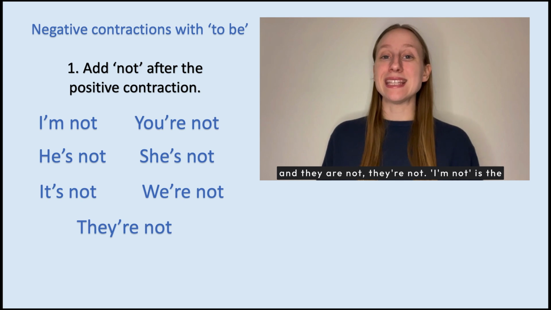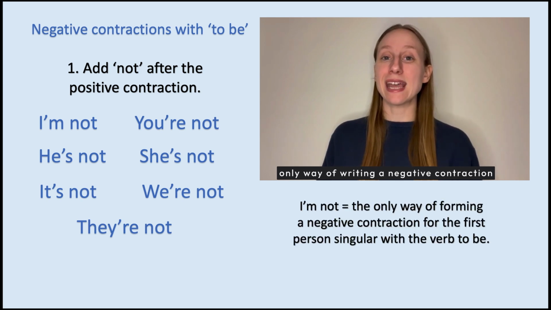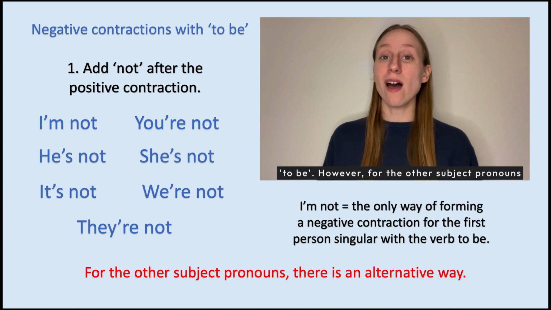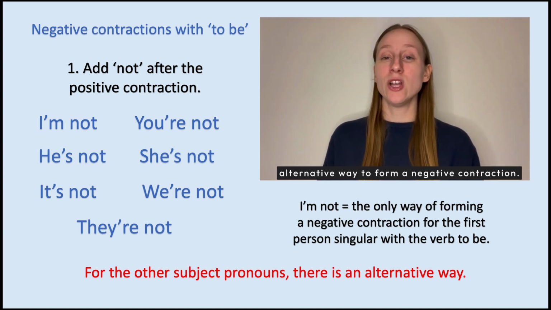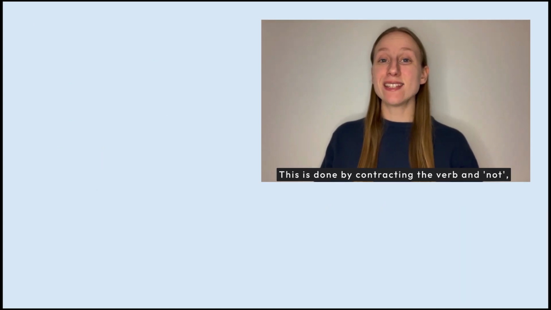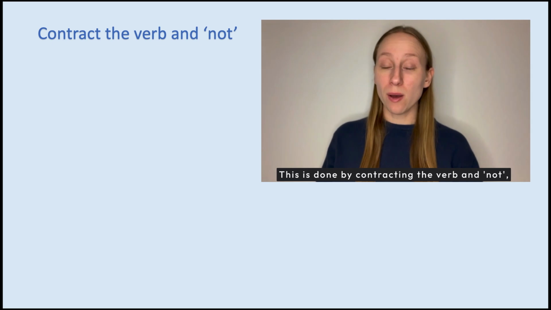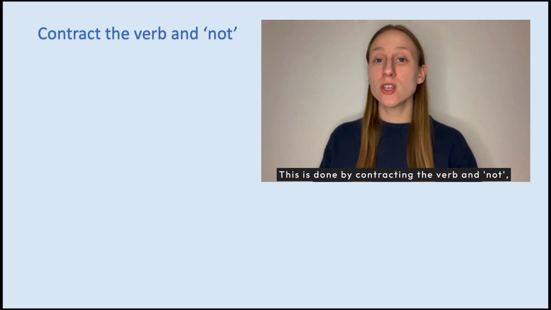I'm not is the only way of writing a negative contraction for the first person singular with the verb to be. However, for the other subject pronouns, he, she, it, we, you, and they, there is an alternative way to form a negative contraction. This is done by contracting the verb and not, so pushing them together.